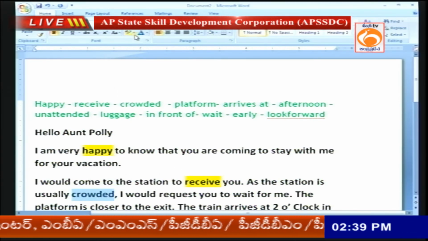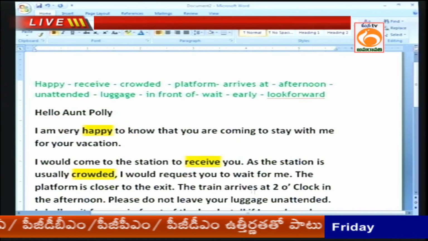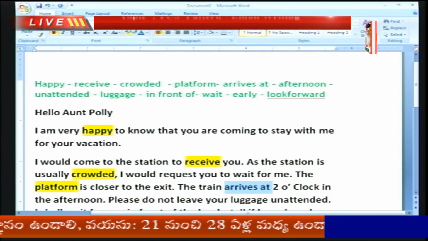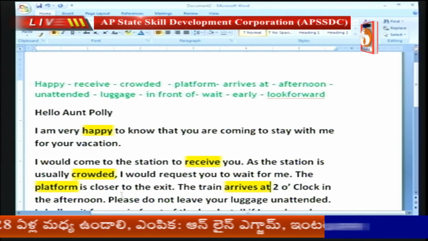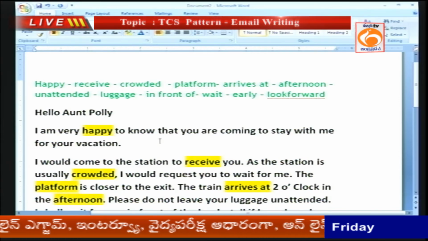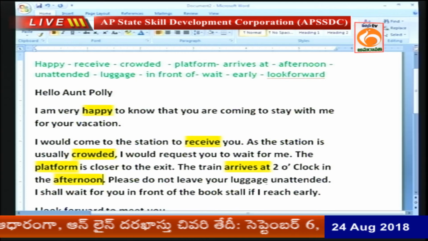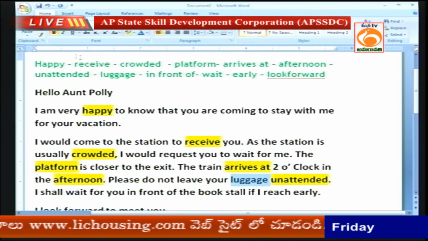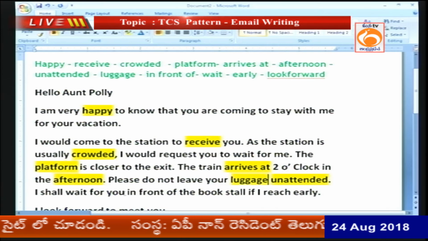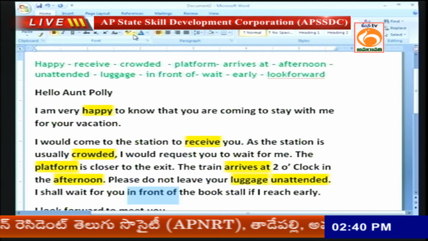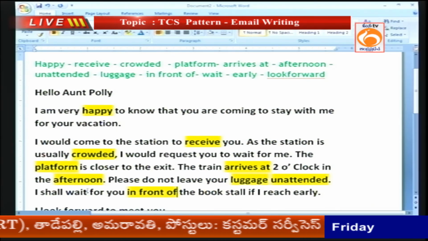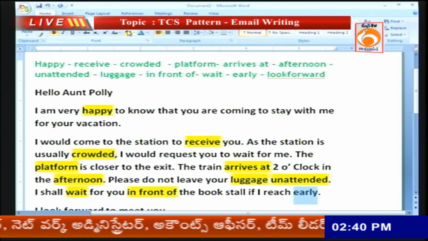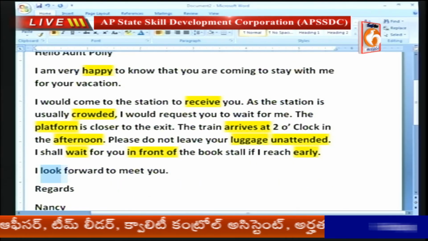Crowded, platform, arrives at, afternoon, unattended, luggage, in front of, wait, early, look forward. Okay, so I've used all the keywords.